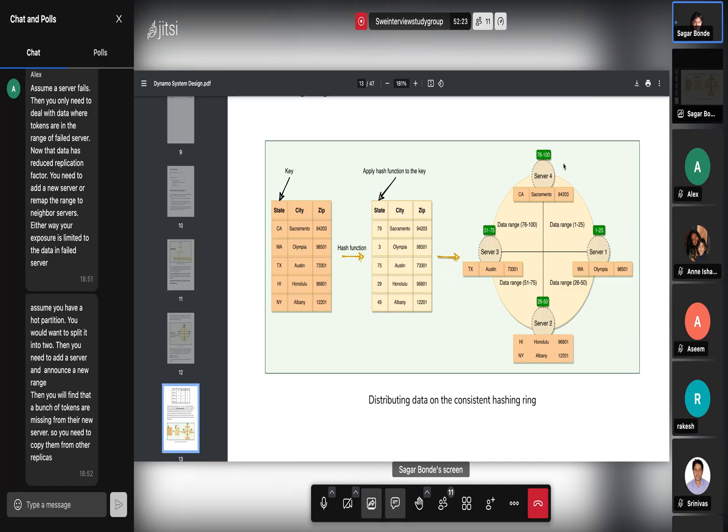Since our key space is 100, 79 will go to the fourth key space, which is assigned to server 4. So any hash value between 76 to 100 would be stored at server 4.